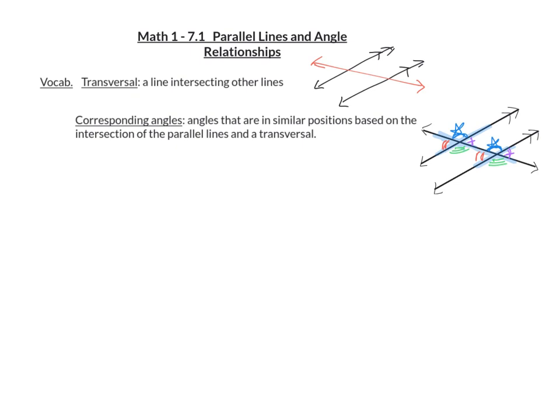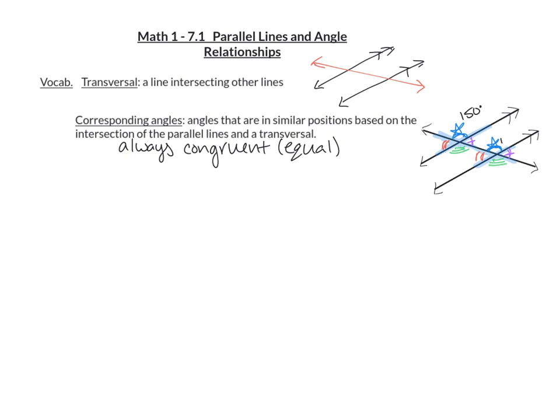And the cool thing about corresponding angles is that they are congruent. So they are always congruent. And hopefully you guys remember what congruent means. It means they are equal. Okay, so for the ones that I drew in this diagram, the blue ones with the star, let's say this top angle is, I don't know, 150 degrees.